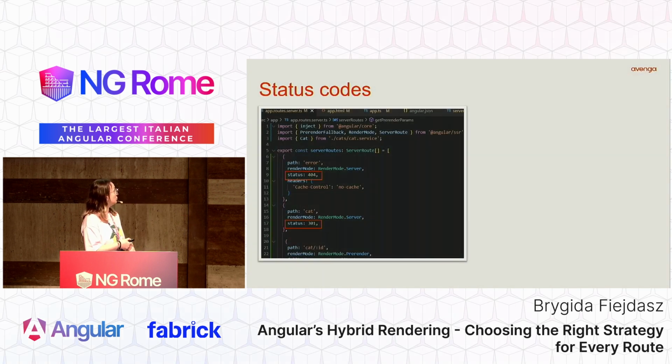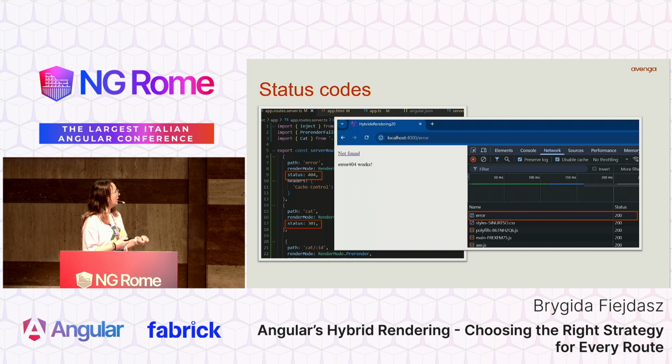Okay, but why and how can we define it? So it is also pretty easy. Here we have some 404 status, so not found, and you can define it pretty easily. And let's check how it looks. If I don't define the status here, if I have some error, in the browser we will have a 200 status.